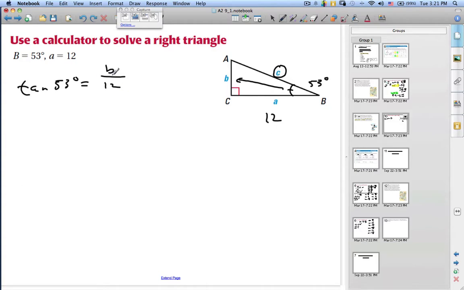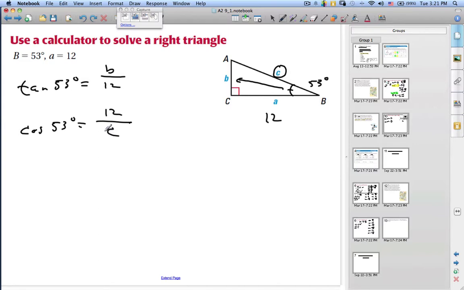So this would allow me to find B. If I wanted to write an equation that would allow me to find C, I would probably use cosine, because that would be adjacent over hypotenuse. So I know the cosine of 53 degrees would be equal to the side adjacent, which is 12, over the hypotenuse.